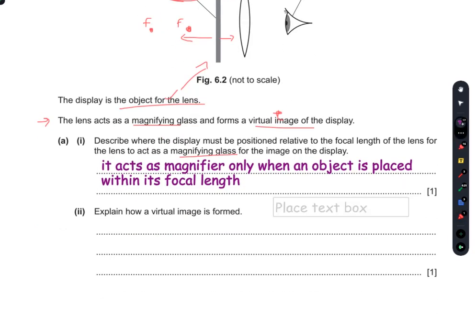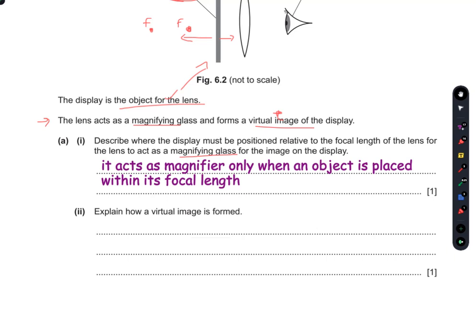Explain how a virtual image is formed. A virtual image is formed when the rays appear to come from behind the mirror and appear to converge at a point from behind the mirror, but they actually do not converge.